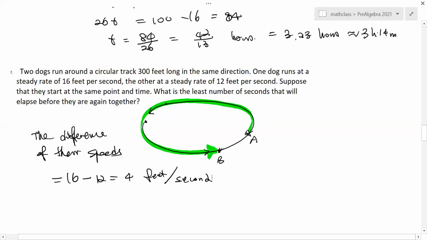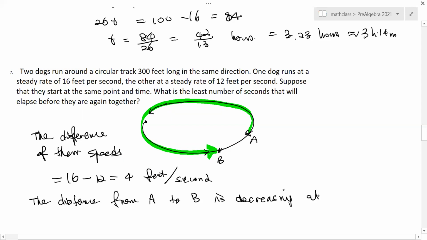The distance from A to B, not from B to A, is decreasing at a rate of 4 feet per second.